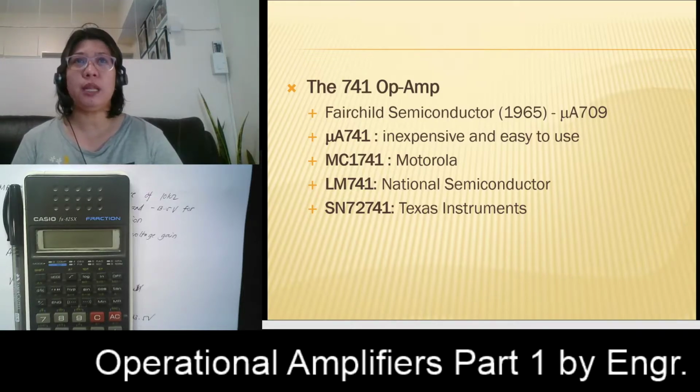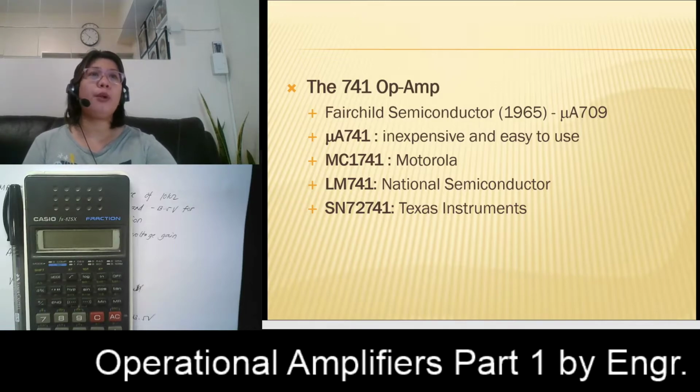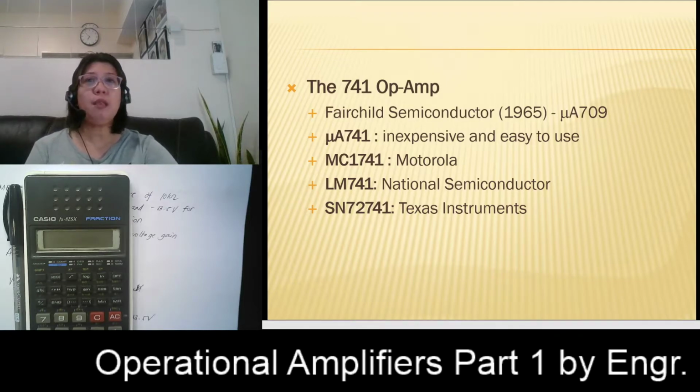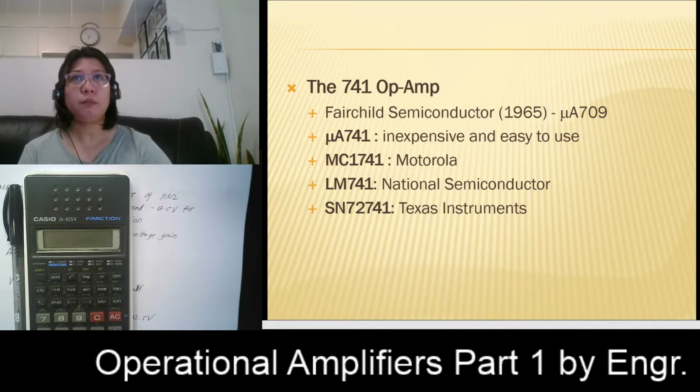Those disadvantages led to a more improved type of op amp, which is your 741. So you have here an example, Micro A741, which is inexpensive and easy to use. Many manufacturers develop their own 741 operational amplifier.